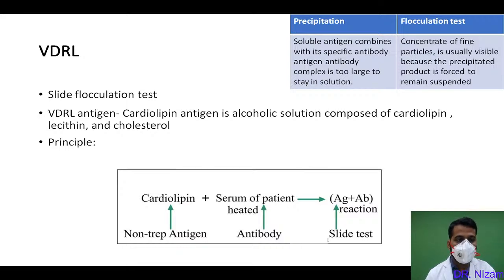Then the antigen is the VDRL antigen, a cardiolipin antigen, an alcoholic solution composed of cardiolipin, lecithin, and cholesterol. The principle is that cardiolipin, the non-treponemal antigen, when reacted with the antibody present in the serum of the patient, causes an antigen-antibody reaction in the slide test.